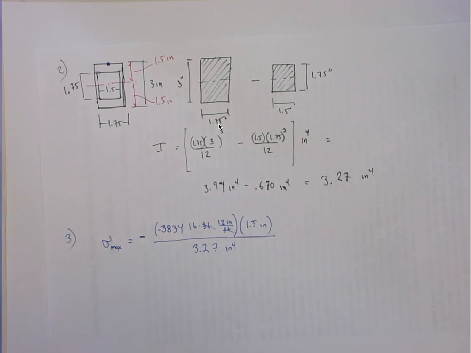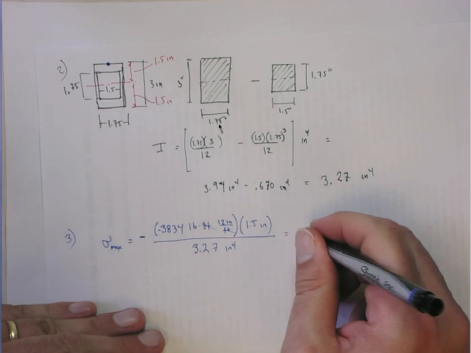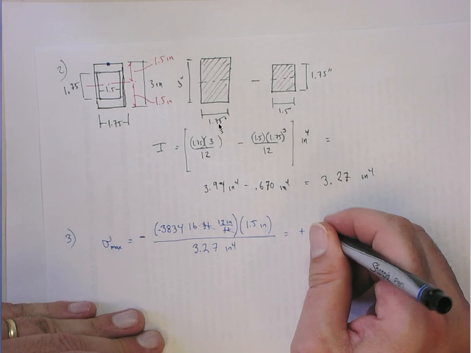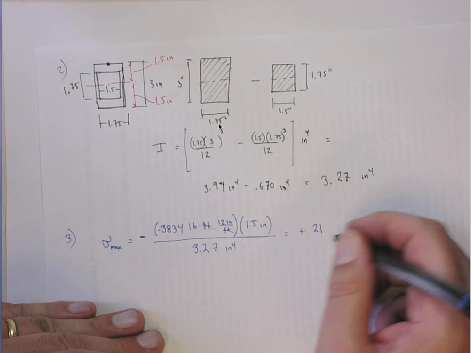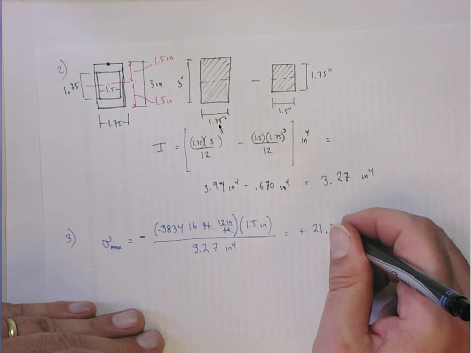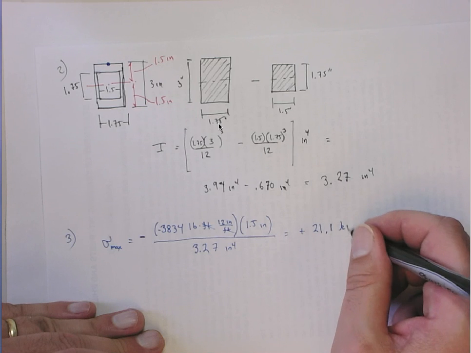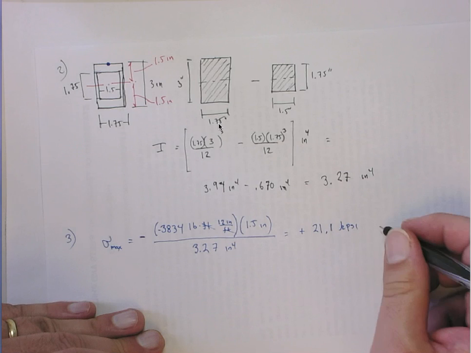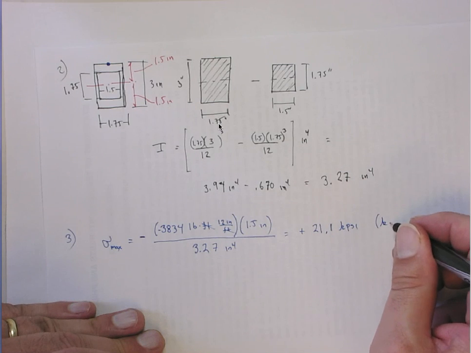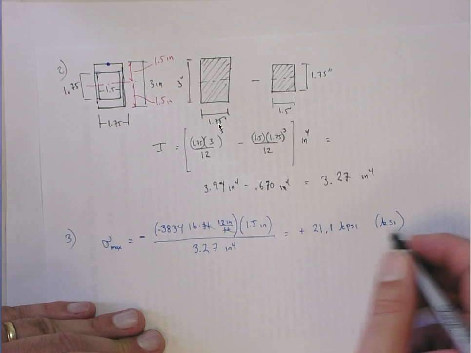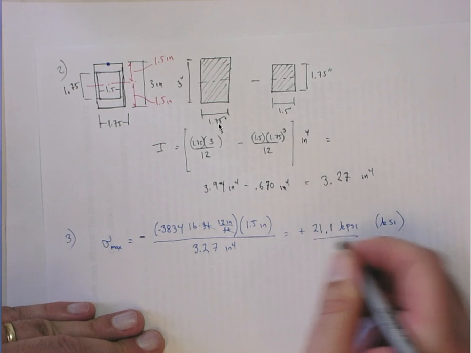So this becomes positive 21.1 KPSI or KSI. I don't know. Your book calls it KPSI. I'm used to seeing it as KSI. Okay? 1,000 PSI. That's the stress.